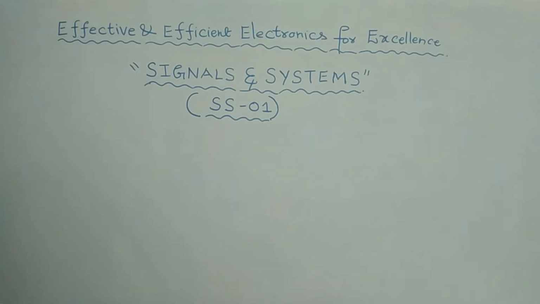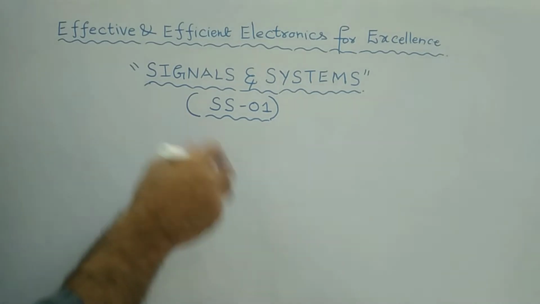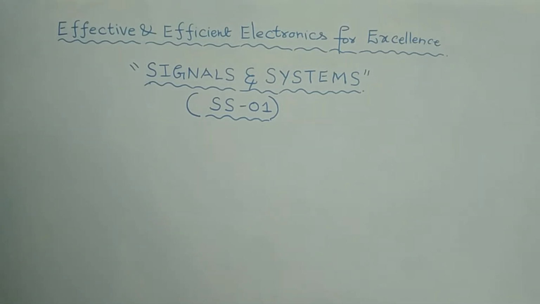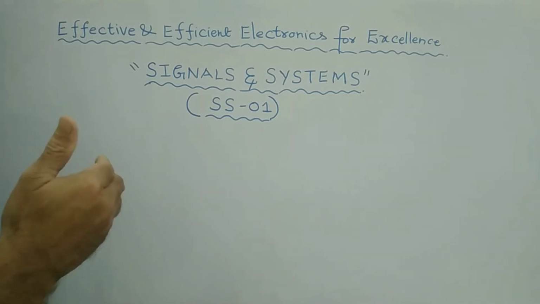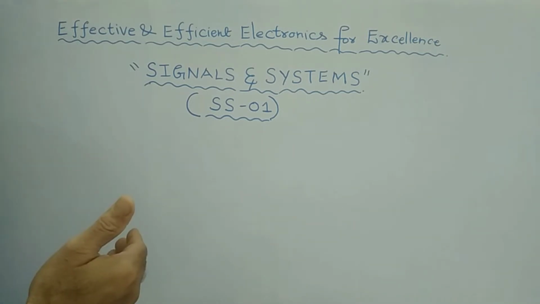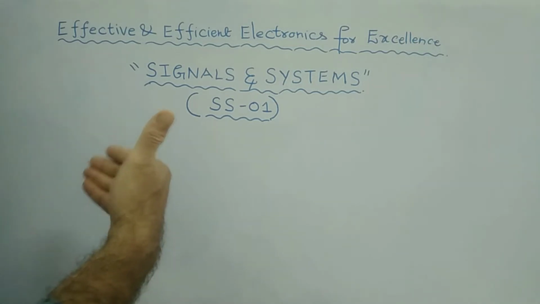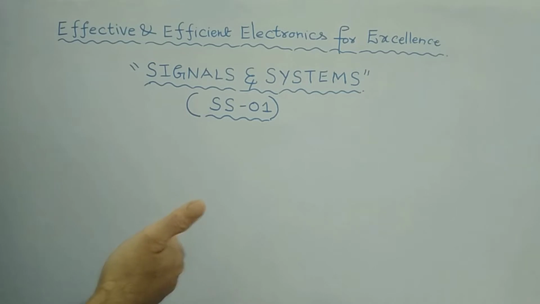Clear? Under this signals and systems subject, I am going to cover the basic fundamental requirements which you normally need at graduate level. It covers the basic information of signals: what a signal is, what the classifications of signals are, and how a signal can be defined.